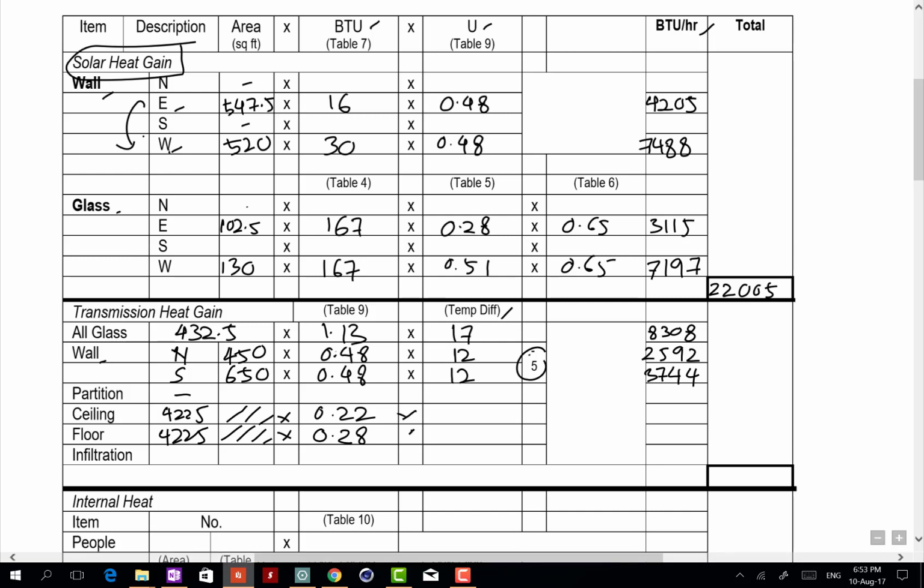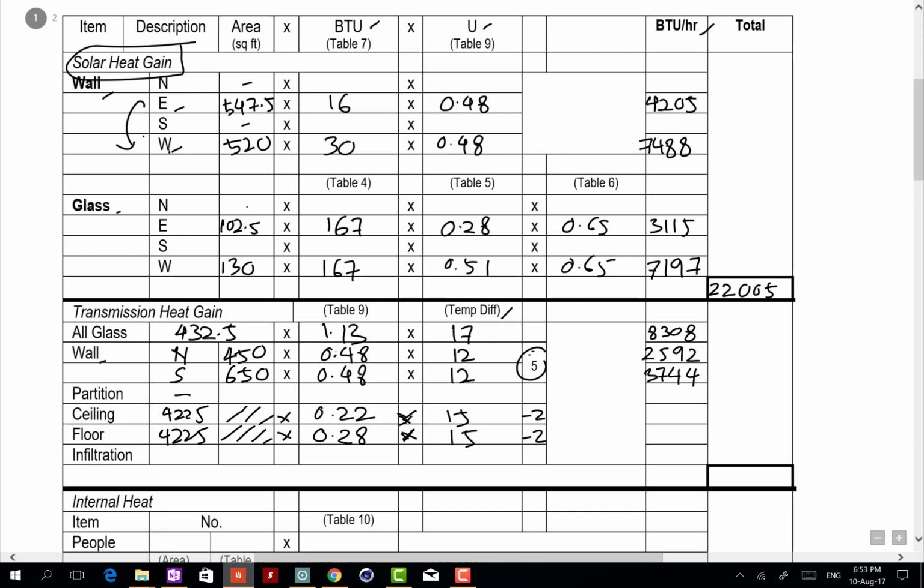Now we multiply with the temperature difference. Okay, so same here, 17, but normally for ceiling and floor I minus 2, because there is a temperature drop if the heat is transferred through ceiling and also floor, so it becomes 15 and also 15.